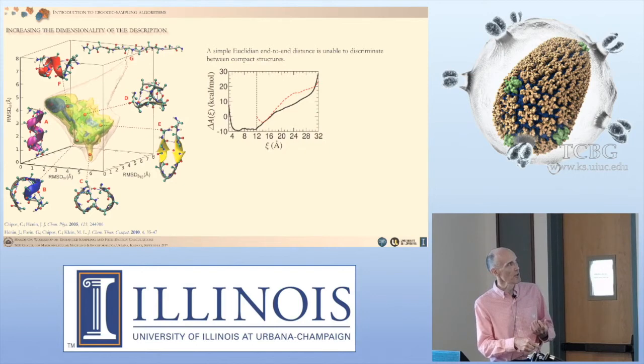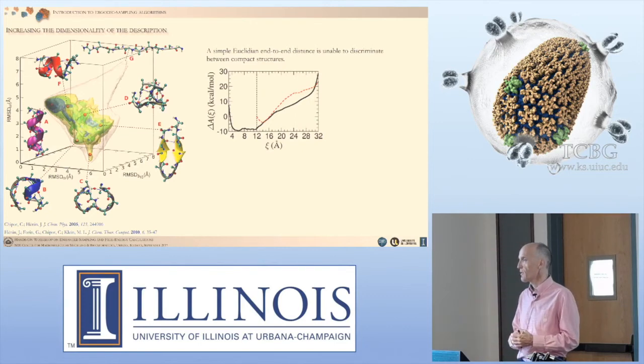If you do that, you have this nice 3-dimensional energy landscape, and then we are able to recover the alpha helical state, which according to this graph corresponds to the lowest energy state.